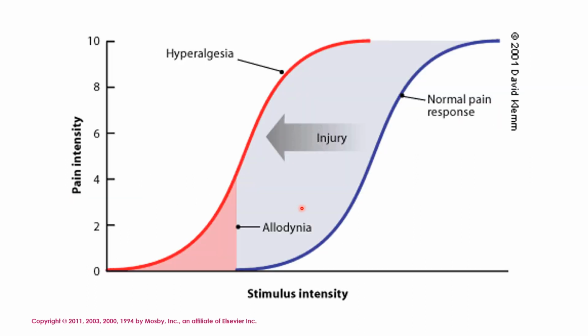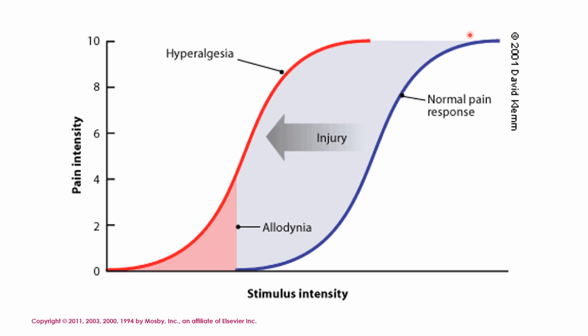This diagram now depicts pain sensitization. The y-axis represents the intensity of the pain, from 0 to 10, with 10 being the most severe degree of pain. The x-axis represents the intensity of the stimulus. The red line represents hyperalgesia, which is the increased sensitivity to pain.